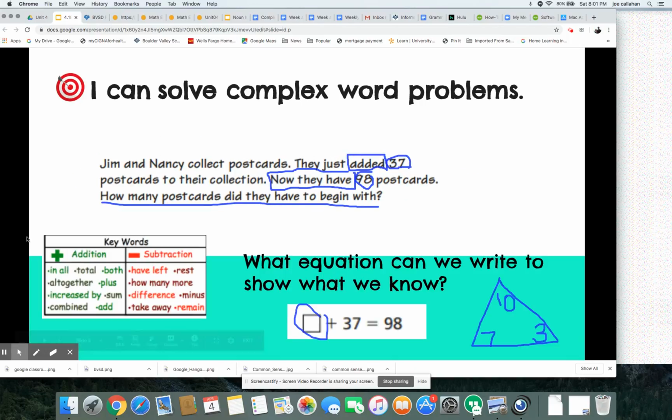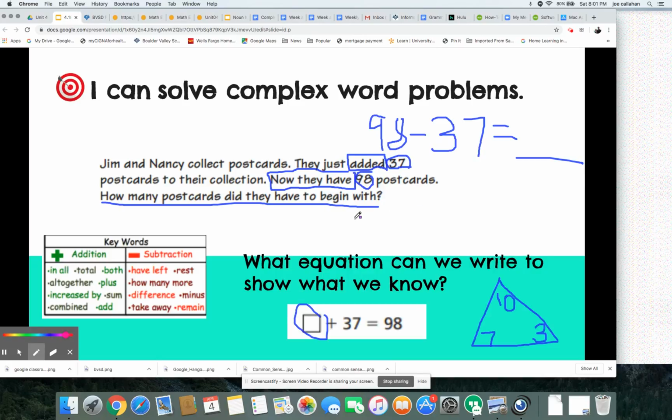Okay, so I am going to rewrite the equation: 98 total postcards minus the 37 we know they added later. If I take away the 37 they added later, then we'll be left with the number they started with.